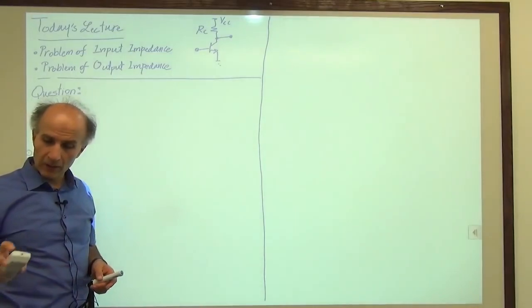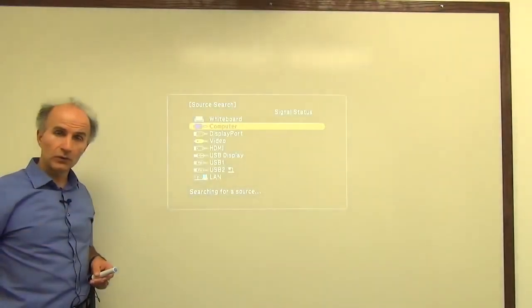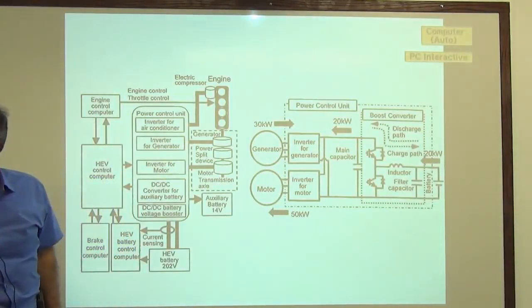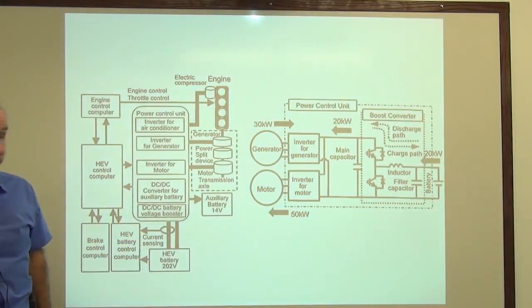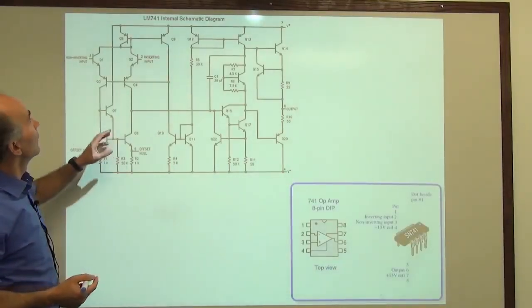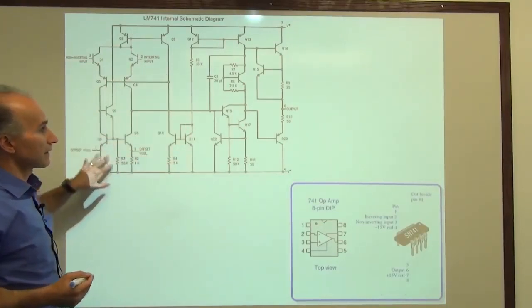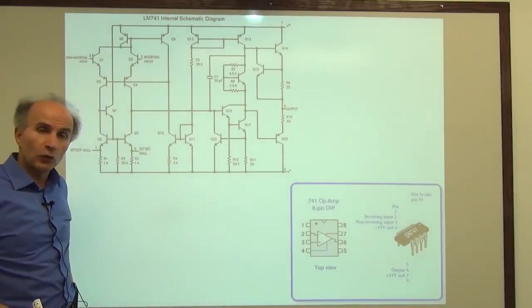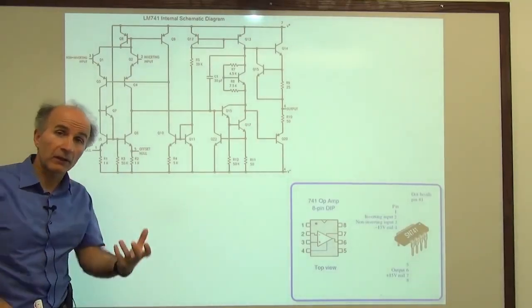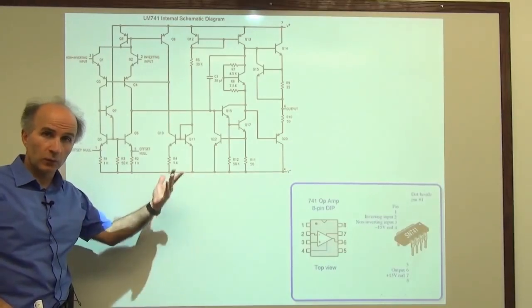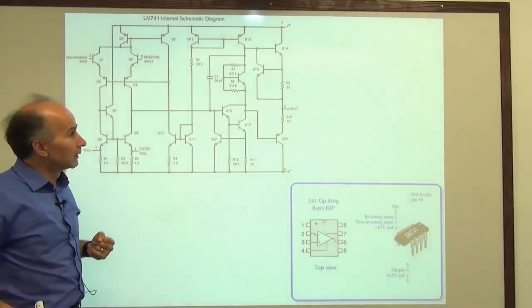In fact, if we go back for a second to our computer, I can show you what we saw last time. This is what we saw last time, remember? So among all of these devices, which one is a common emitter stage? Do we have any methodical approach to determining which one would be a common emitter stage?